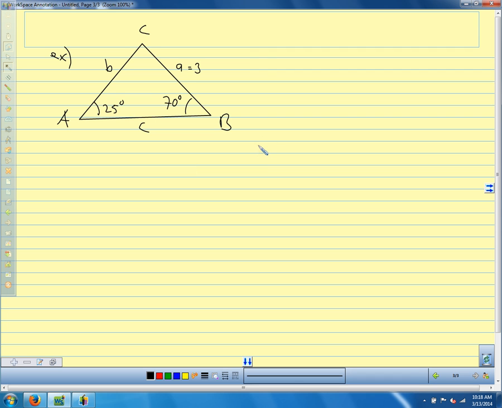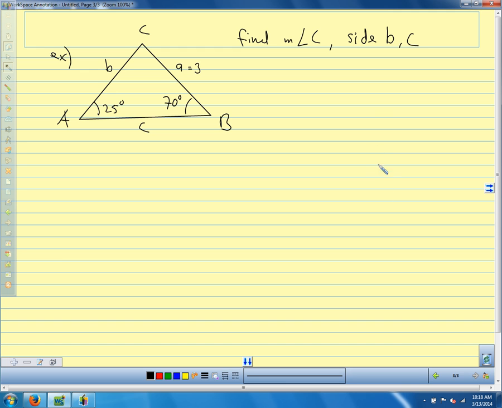And we want to find the measure of angle C. We want side B and side C for this triangle.